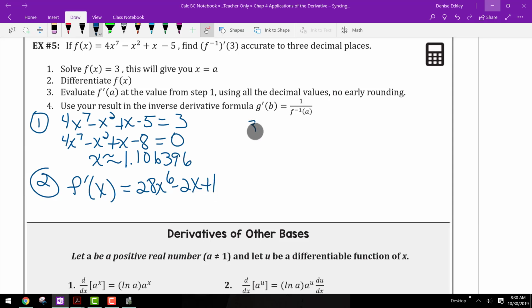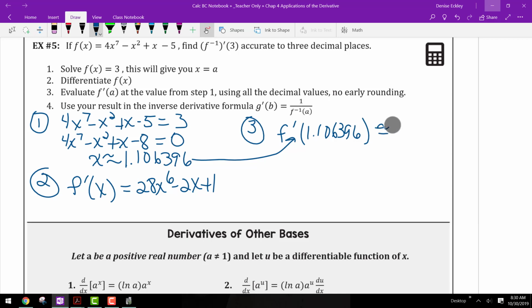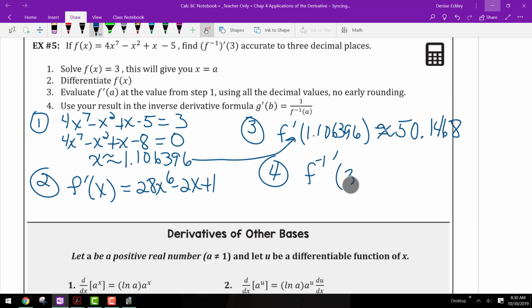And then the next thing we do is substitute this value in there. I just did it in my calculator, and so this is approximately equal to 50.1468.